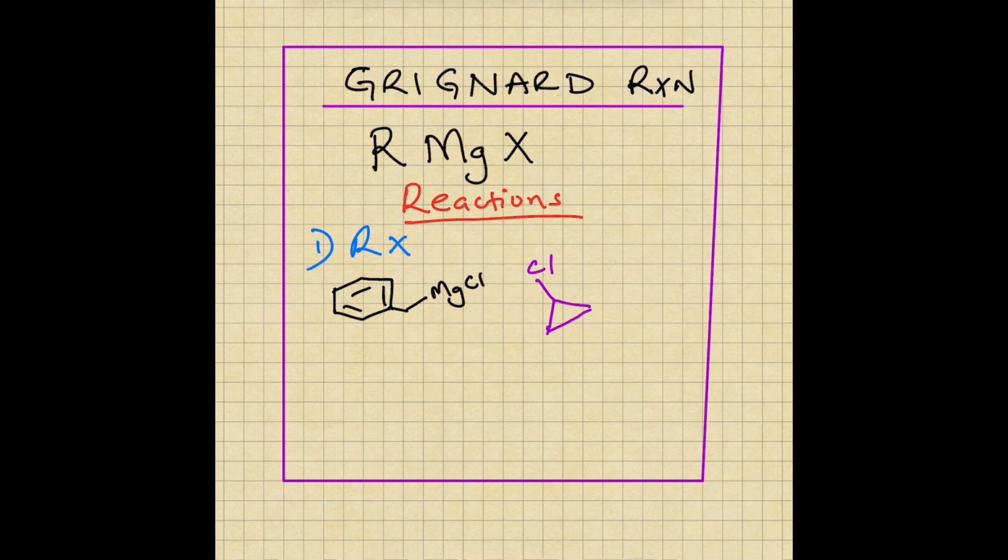Remember what we saw before is that you cleave that bond and you end up with a negative charge on that CH2 carbon, and then that will substitute the Cl group, and therefore you end up with the Grignard displacing the Cl, so you end up with a new bond there. And as you can see again, we formed a new carbon-carbon bond.